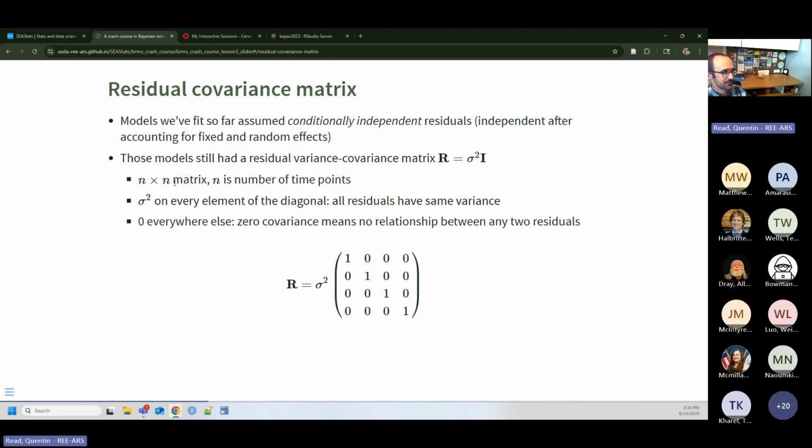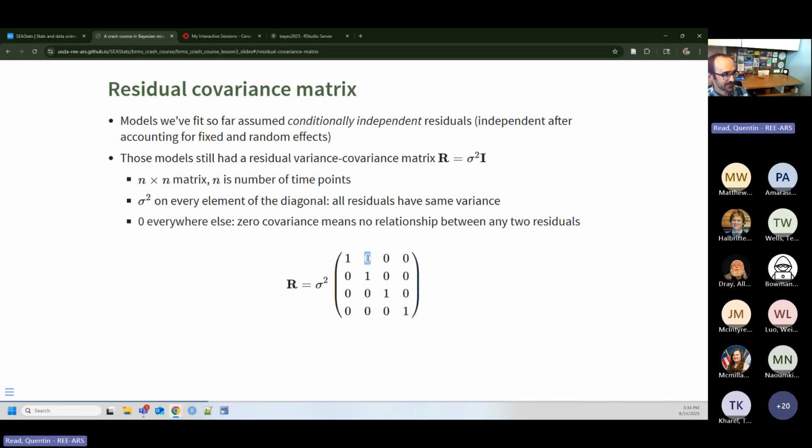This is an n by n matrix, where n is the number of time points in the model. And it's a constant times the identity matrix. So basically, this constant is on every element of the diagonal. That means all the residuals have the same variance. But everywhere else, that matrix is 0. That means there's no relationship between any two residuals.